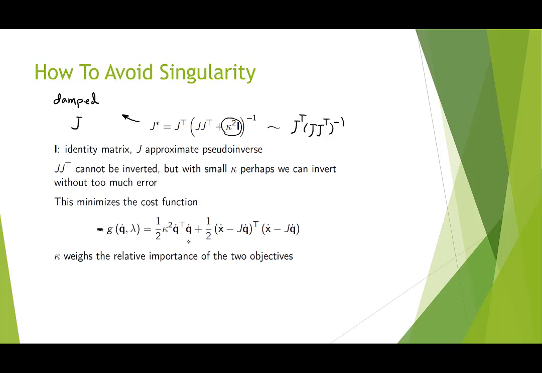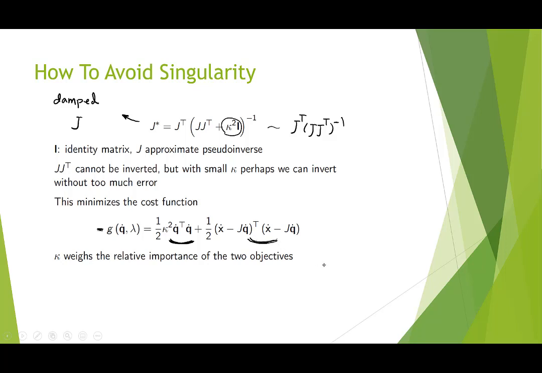What is the difference? In here, our cost function is to minimize the square of the joint velocities while minimizing the forward kinematics equation.